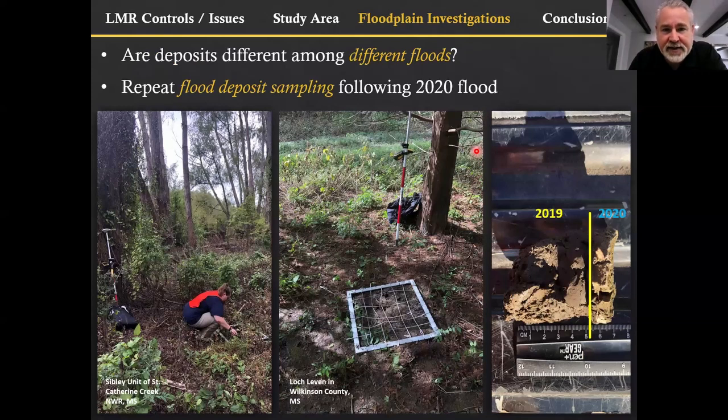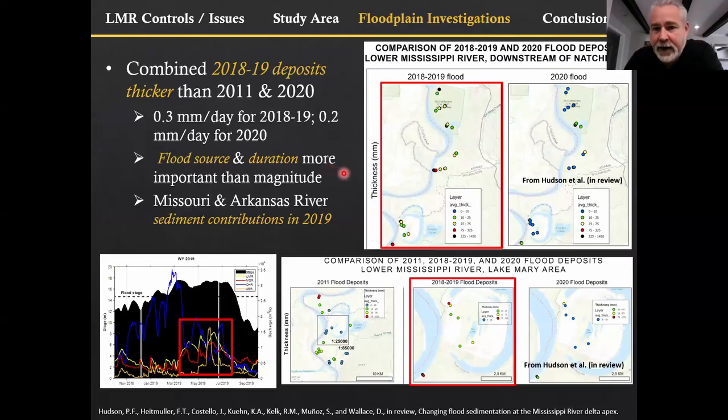So our question was, are these deposits different among different floods? We basically took a look at those and compared them to each other for all of the different studies that we have done. In 2018 and '19, the deposits, as you might imagine, it was a combined flood event, longer duration overall, were indeed thicker than we found in the 2020 flood. No surprise there.